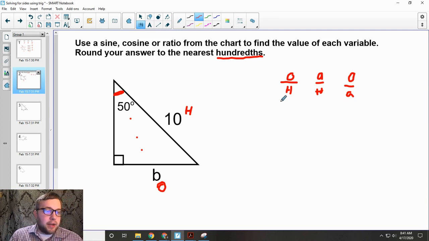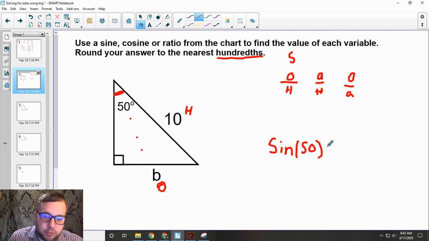O and H would be this one, which is my sine. So I want to use the sine, because sine has O and H, of 50 degrees. So I'm going to put the sine of 50, and usually there's parentheses here, should equal B over 10.